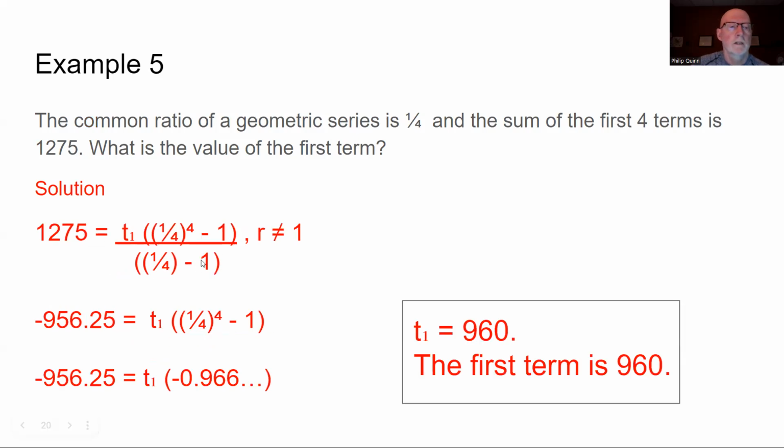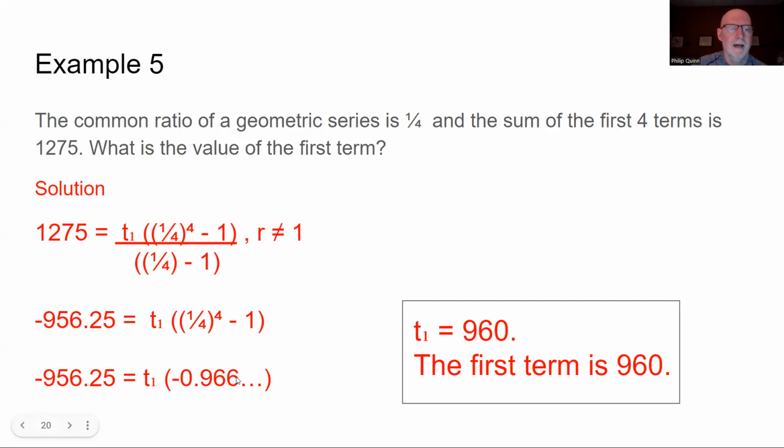So once again, let's take this denominator, a quarter minus 1, negative 3/4, and multiply it by the value on the left side here, 1275. And then we can take the part in brackets here, a quarter to the 4th, subtract 1. We get this value, this repeating decimal that's in the brackets.